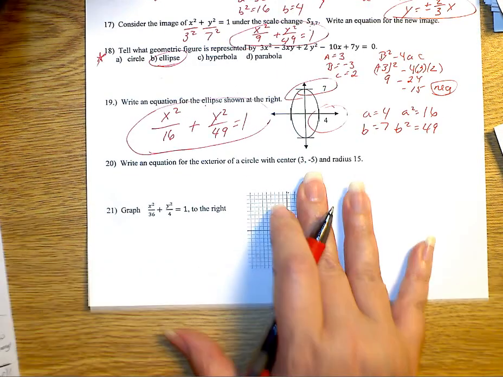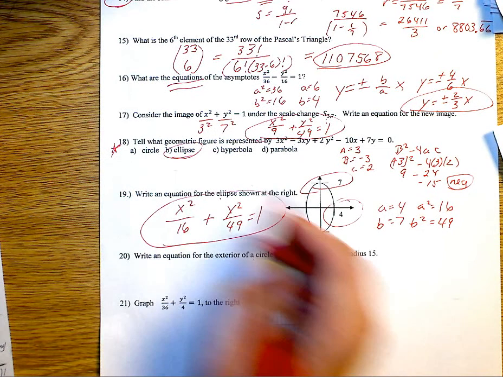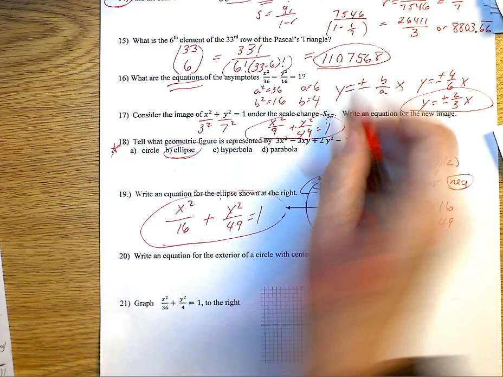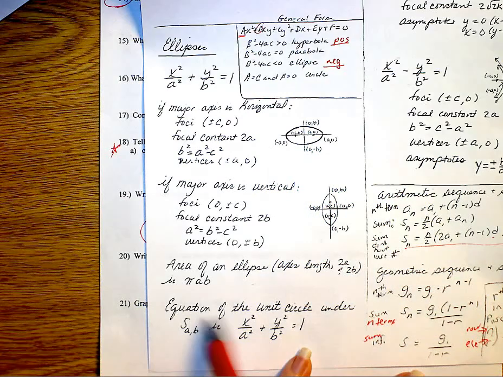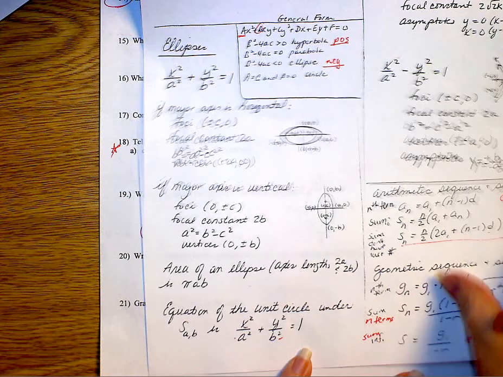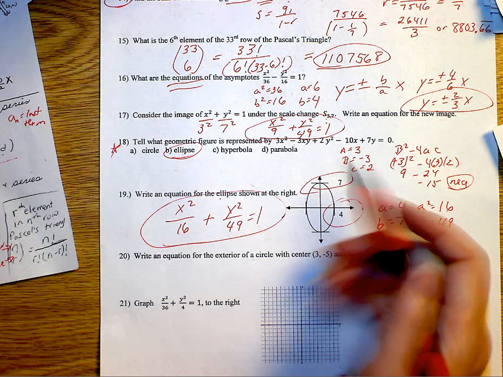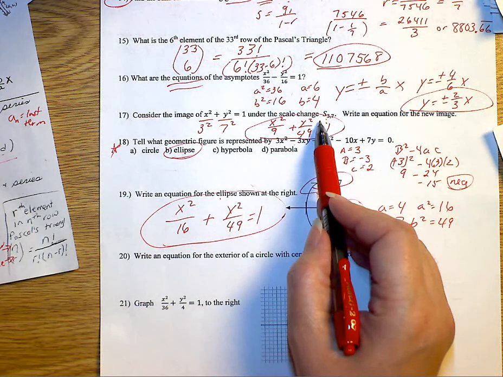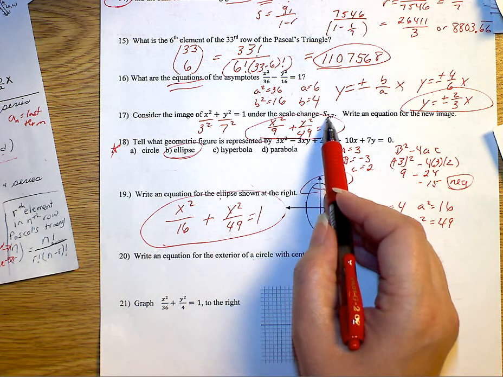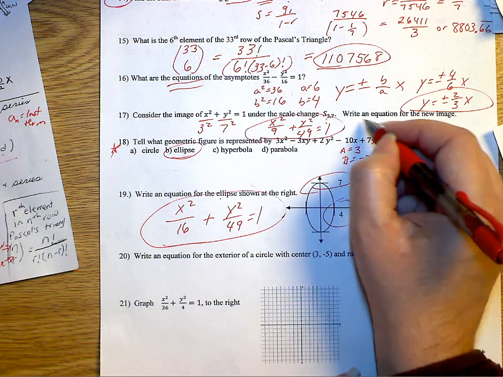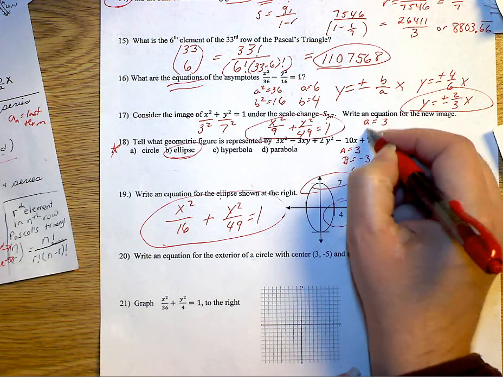I know I kind of rushed through number 17. Make sure you know your scale change. It's right here also. The equation of your scale change under a, b is this. So that is there, just so you guys know that it is there. And that was this one right here. So you want a as your 3. Remember, a was 3 and b was your 7.